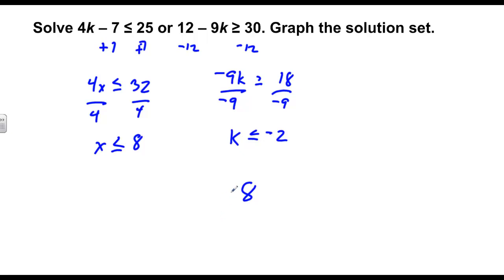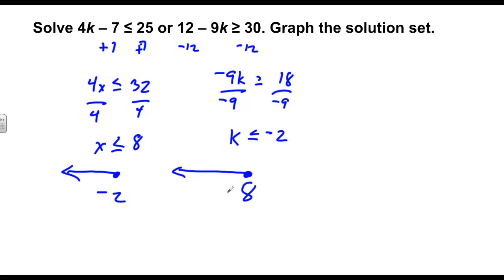So if I were to graph these, here's an 8. In this case, I'm going to fill that circle in, go to the left. Here's a negative 2. And once again, I'm going to fill that circle in. So if I were to graph everything that I see in this particular problem, I see everything from 8 going down forever.